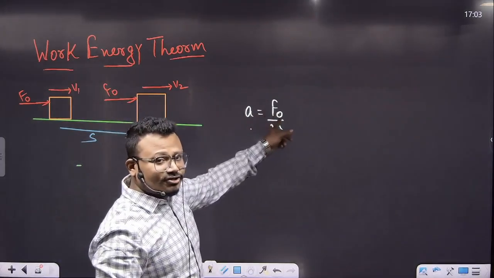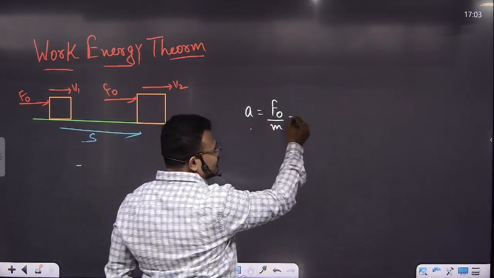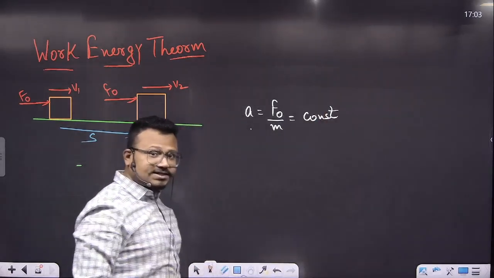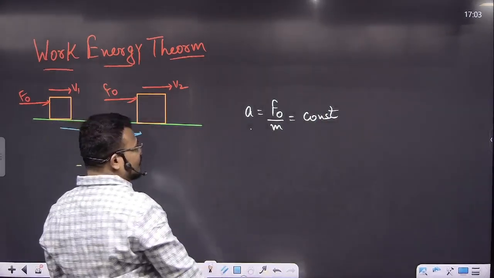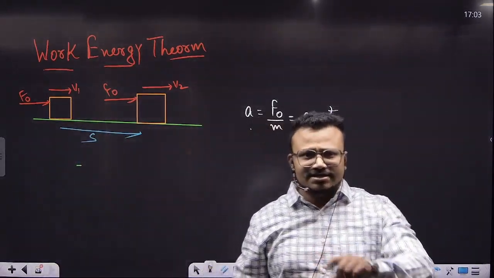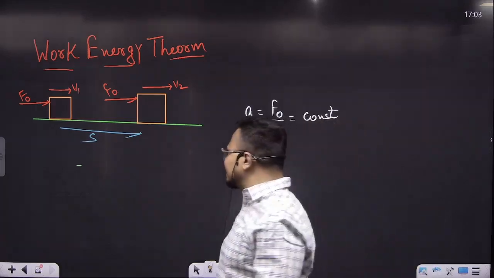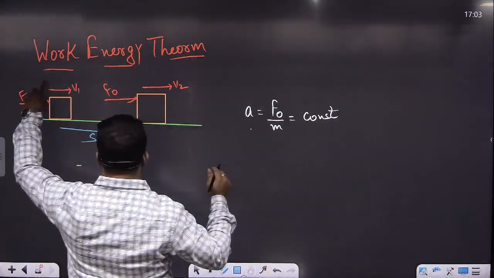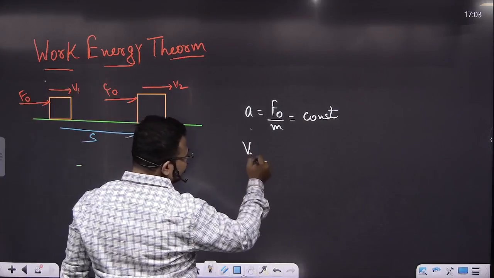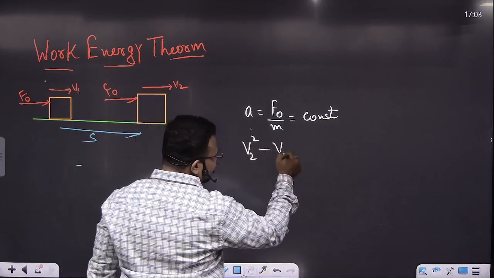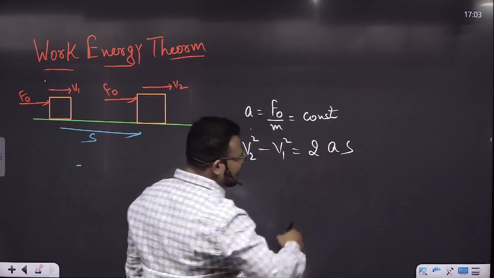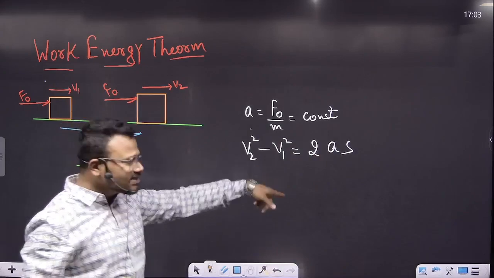Here F naught is constant and m is constant, so the acceleration is constant. When acceleration is constant, we can apply v squared equals u squared plus 2as. Initially the velocity is v1, finally it is v2, so v2 squared minus v1 squared equals 2as. What is the a here?